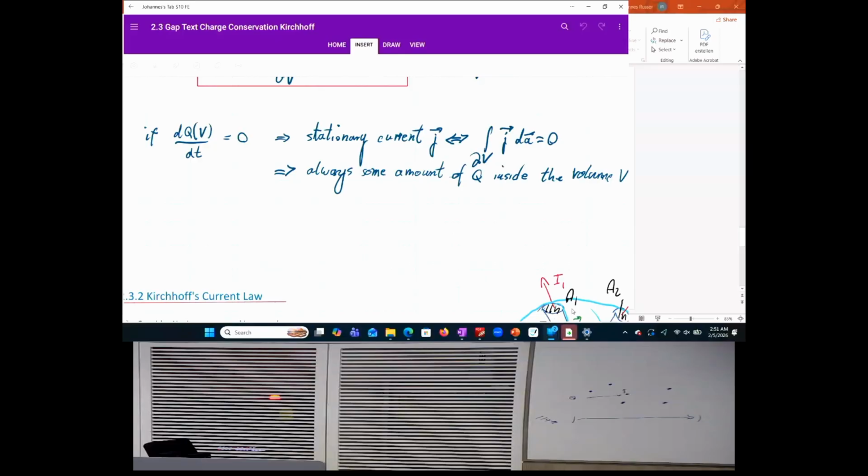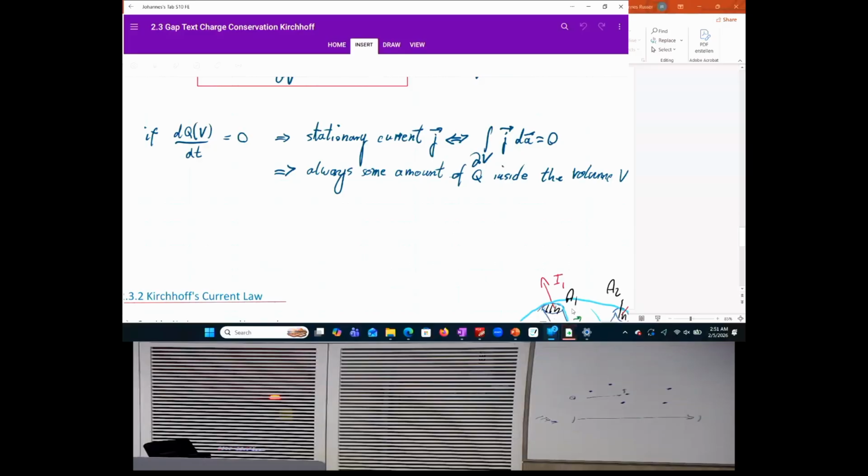So you have some currents moving, but there is nothing that is accumulating or being poured out of some volume. So that means our current is stationary, and that means the overall integral over this flux of current in this enclosed surface is 0. This is for the stationary case.